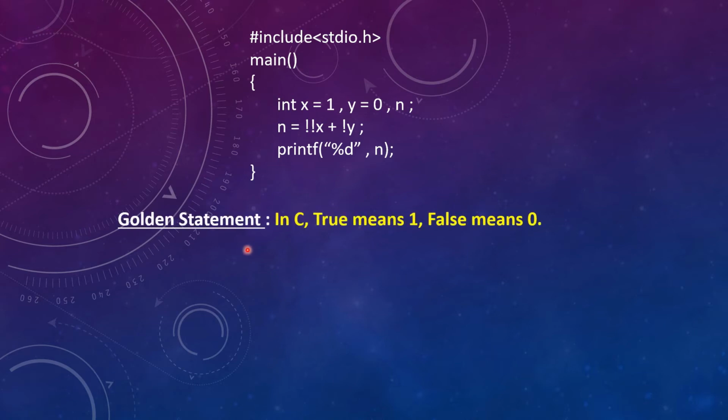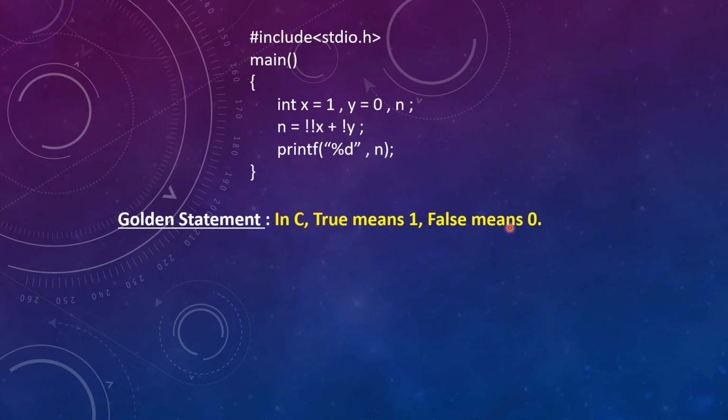Golden statement is, in C, true means 1, false means 0. Yeah, it is pretty straightforward, but many will get confused here. Why? Because if you have watched this series from the very first, then you will remember that I have said that in C, any non-zero data is considered to be a true value and only 0 is considered to be a false value, right?